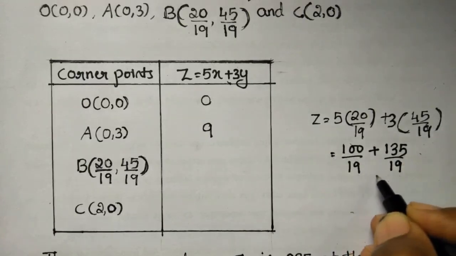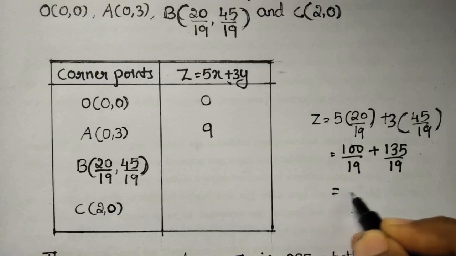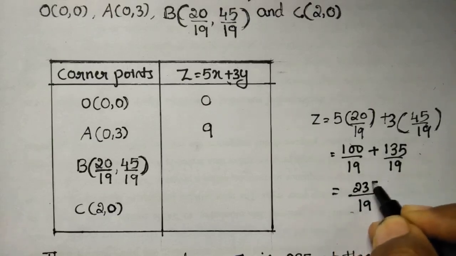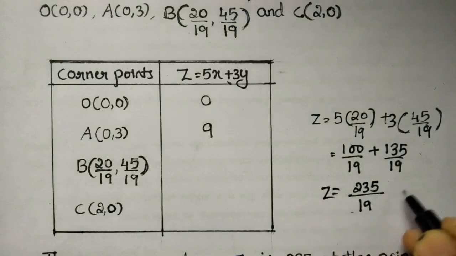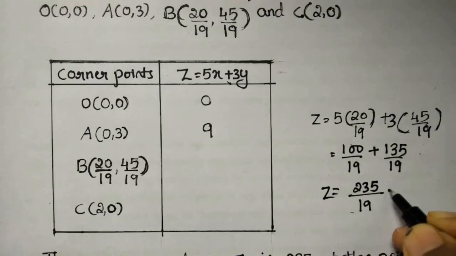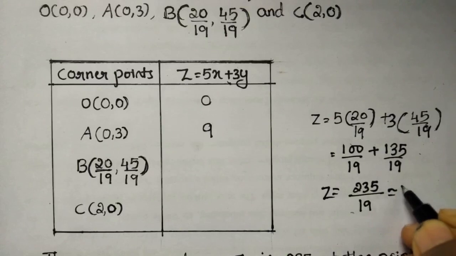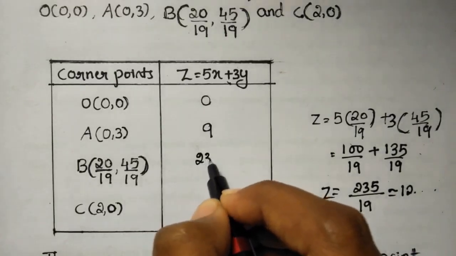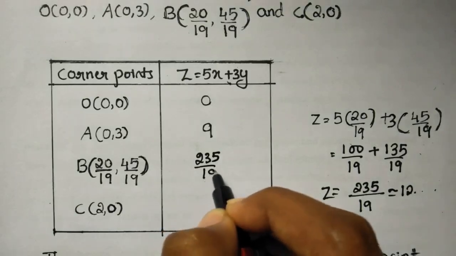Denominators are equal in both of the terms, so we directly add the numerators. 100 plus 135 is 235 by 19, which is approximately equal to 12 point something. I'll write the value of z as 235 by 19.